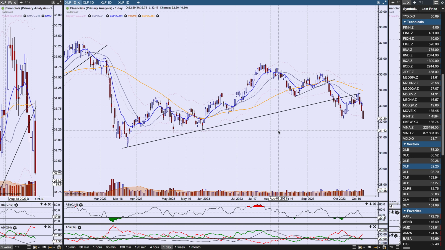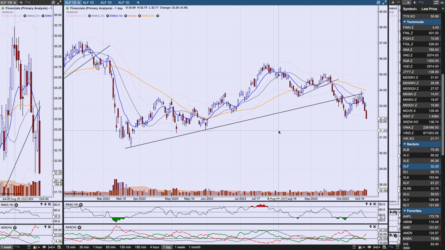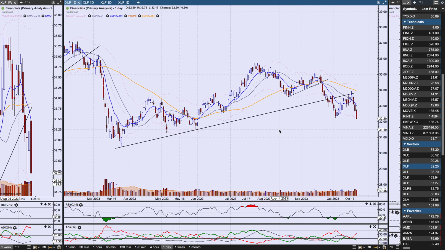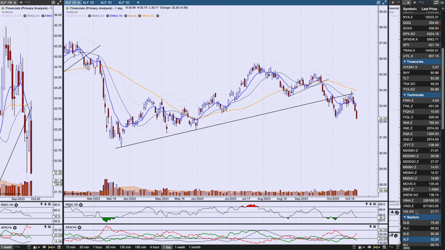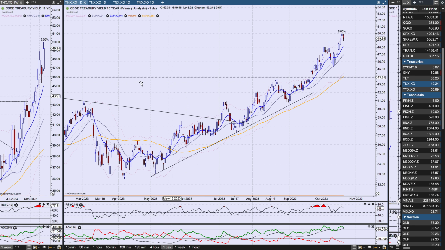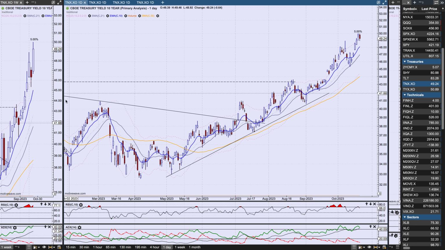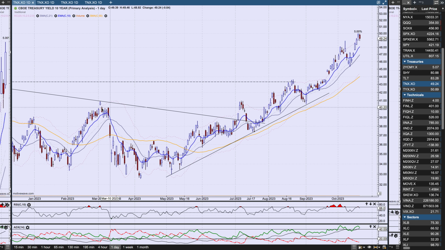What's interesting is everybody's talking about March and showing March on one of the indices. Look at the downdraft that occurred back in March when the bank problems really came to a head. Well, where was the 10-year yield in March? That's what's really interesting about it. Let me pull it up. The 10-year yield in March was right here, around 3.9 to 4%, not here.